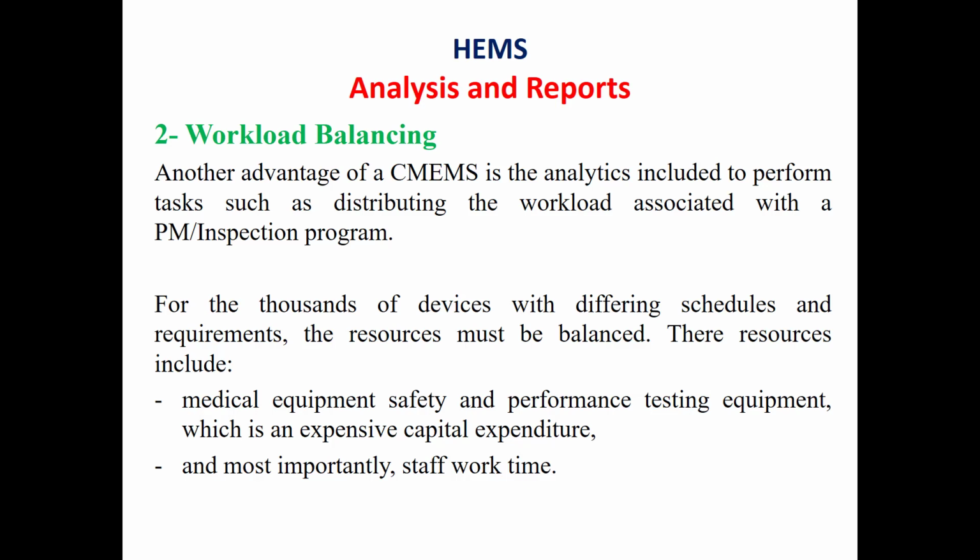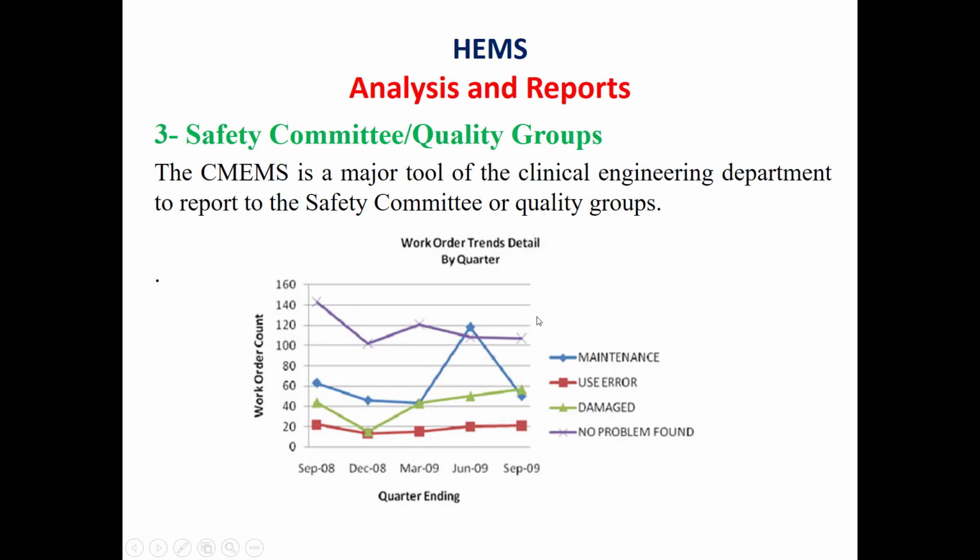Trying to make this matching manually will take a lot of time and will be expensive for the clinical engineering department. With a computerized medical equipment management system, all these tasks will be done faster, more efficiently, and will save a lot of money.